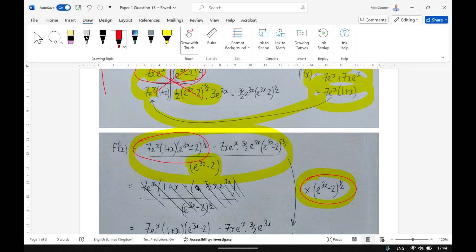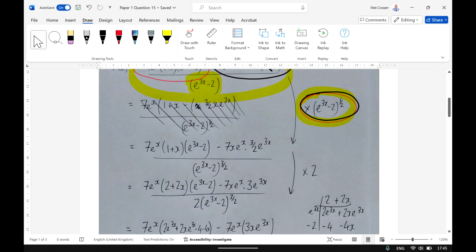And then I've got, running out of colours, this term here, and if I multiply that term by that, it just cancels out the minus a half. So when I've done that, I end up with this.